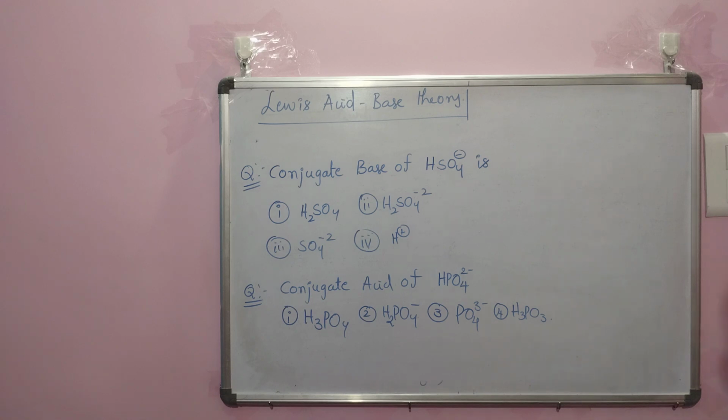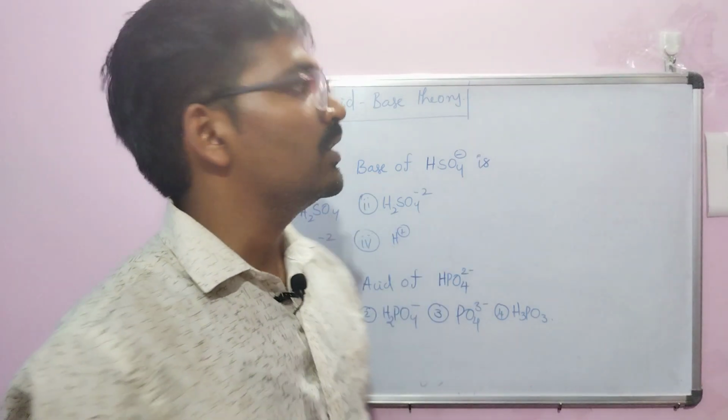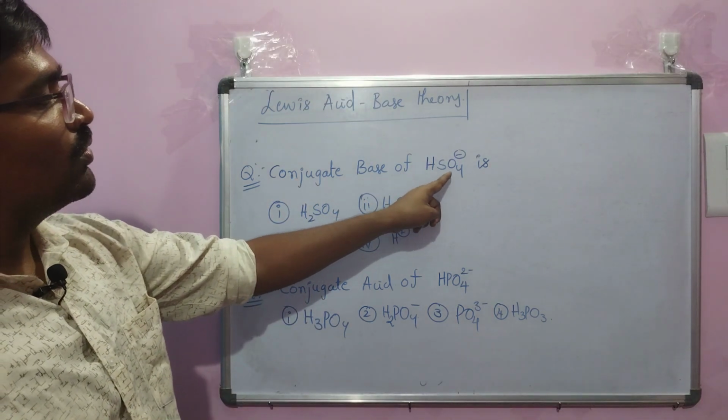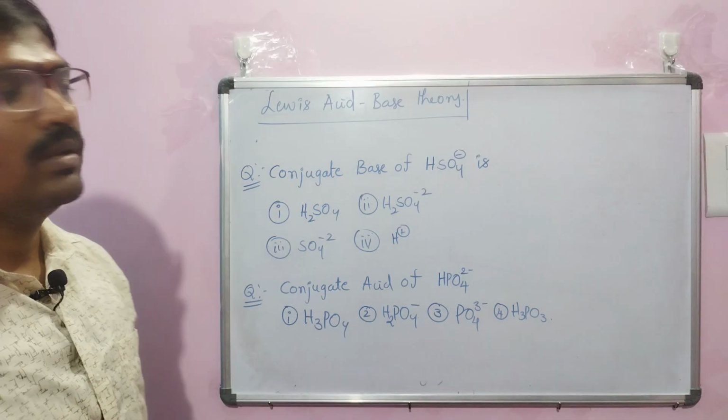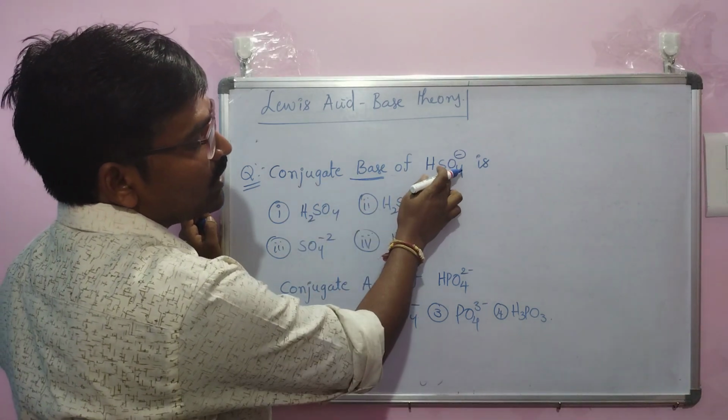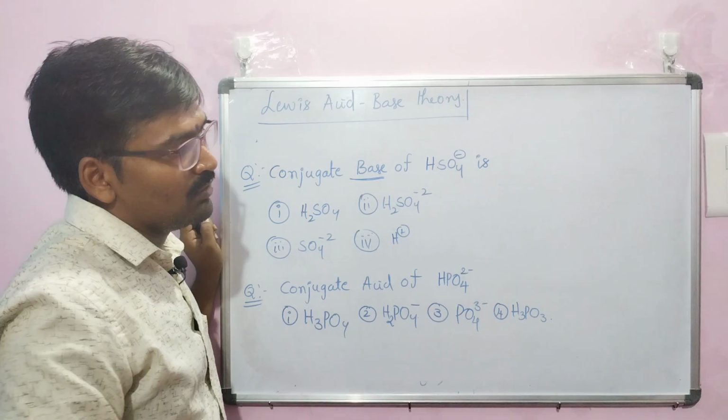Look at all of you. Here two questions are there on the board. One is: conjugate base of HSO4 minus is. So the conjugate base of a particular compound, a base is required.